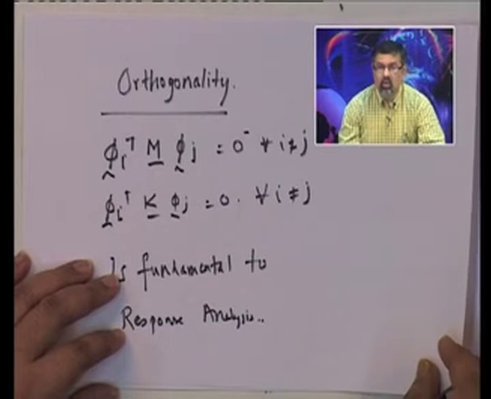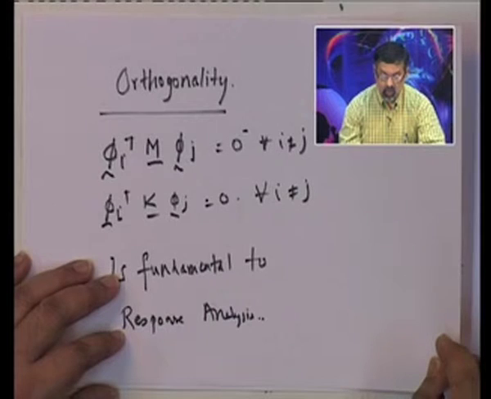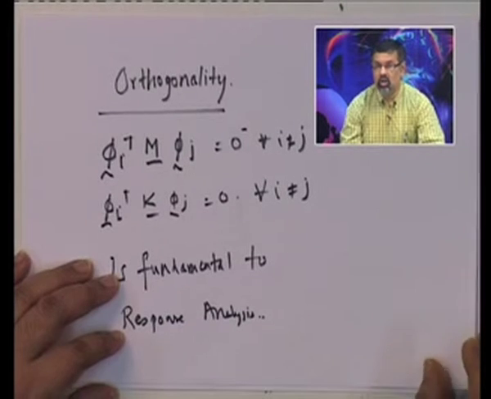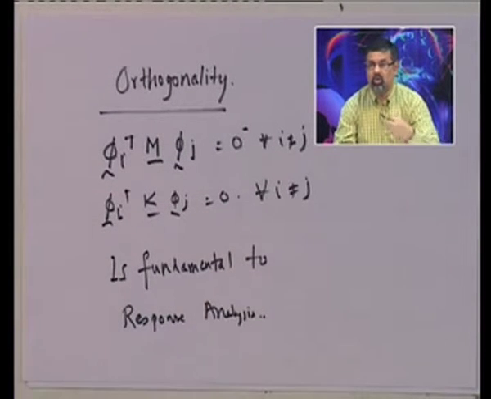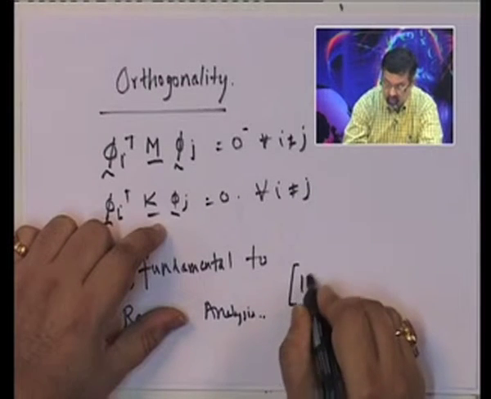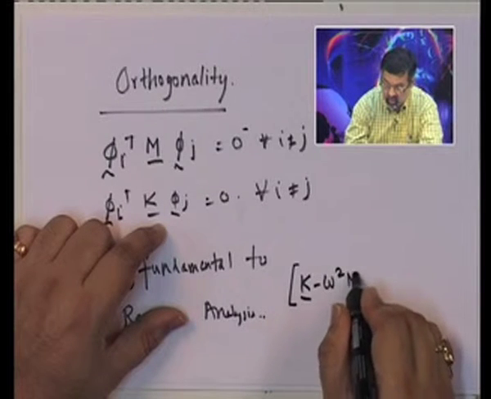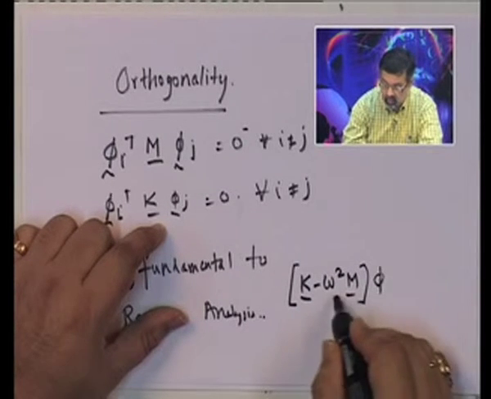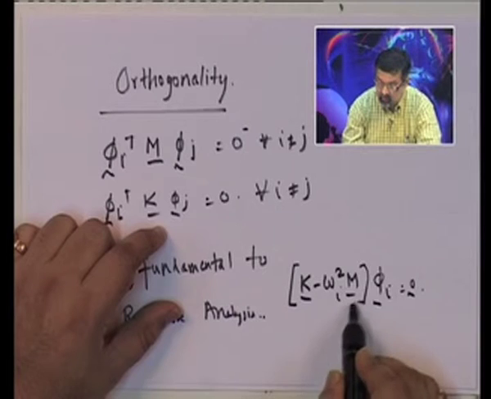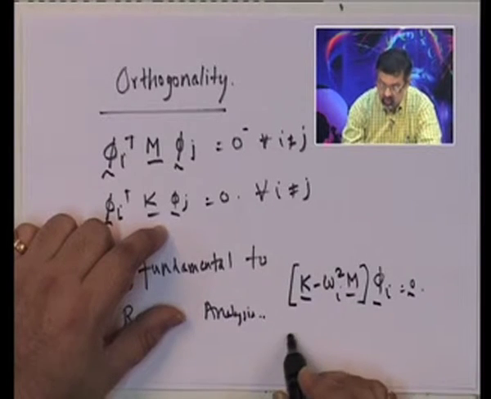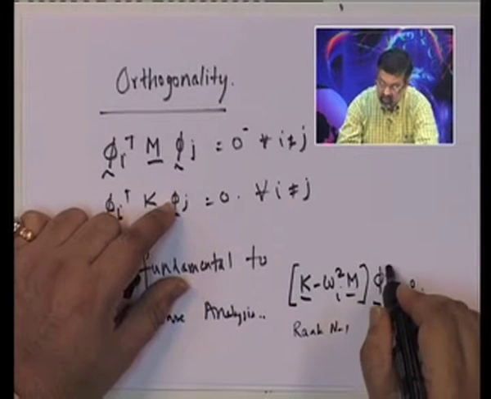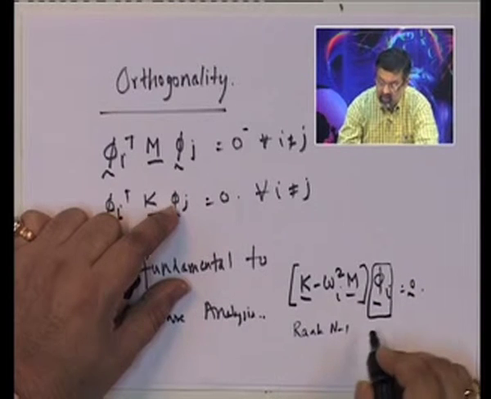Okay. Now, the question becomes, one of the major issues is that since mode shapes are just a shape, you can only work with the matrix K minus omega squared M, whose determinant is equal to 0. Since this determinant is 0, as I said, its rank is n minus 1, and you cannot evaluate explicitly.